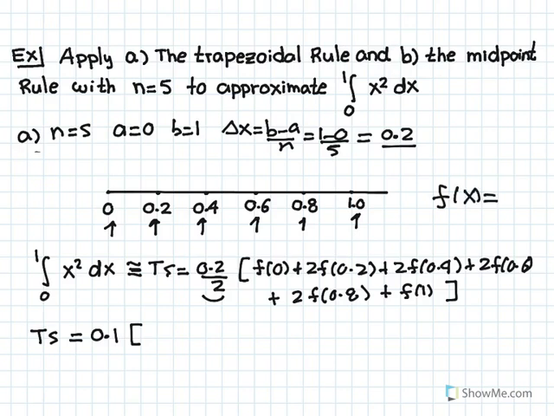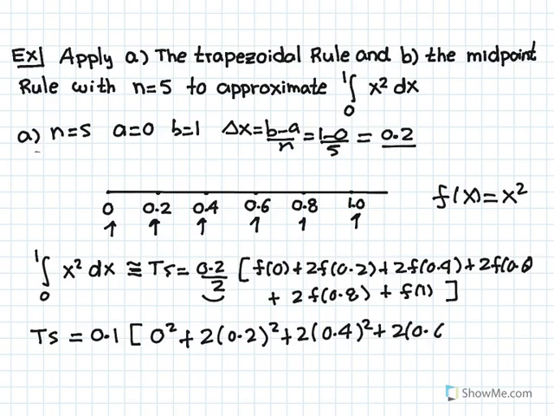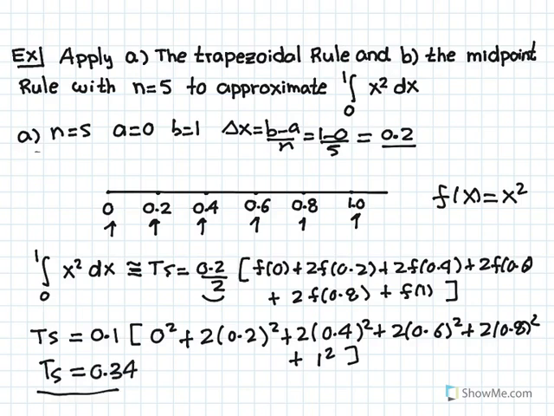So we get 0 squared plus 2 times 0.2 squared plus 2 times 0.4 squared plus 2 times 0.6 squared plus 2 times 0.8 squared plus 1 squared. If we put this into a calculator, we get T5 is 0.34. That's a trapezoidal rule approximation to this definite integral.